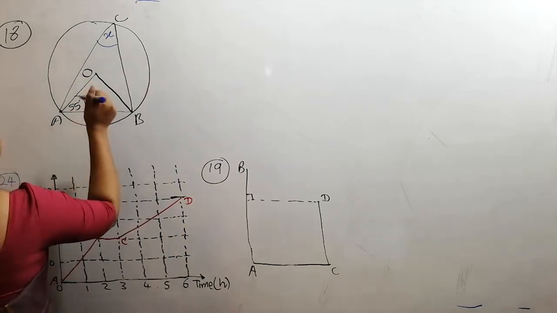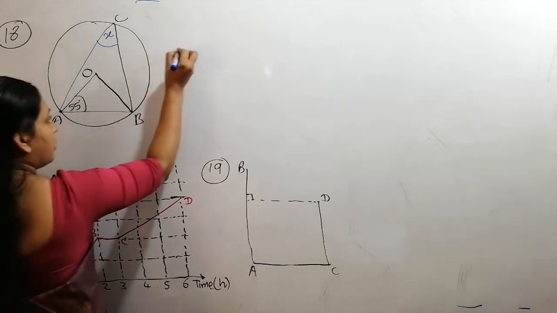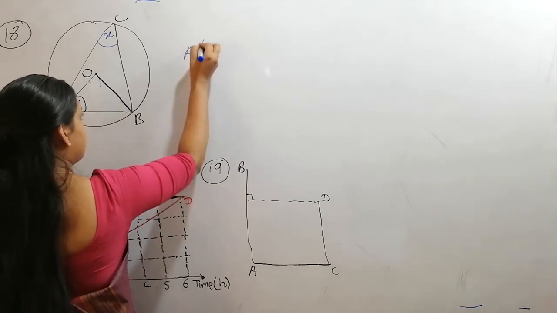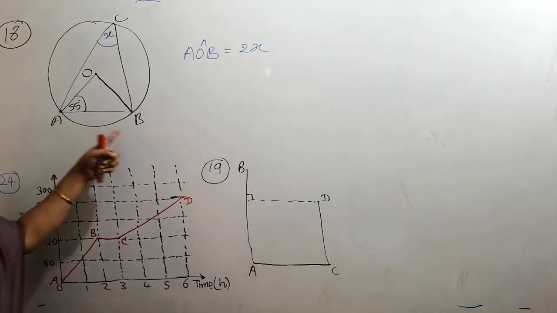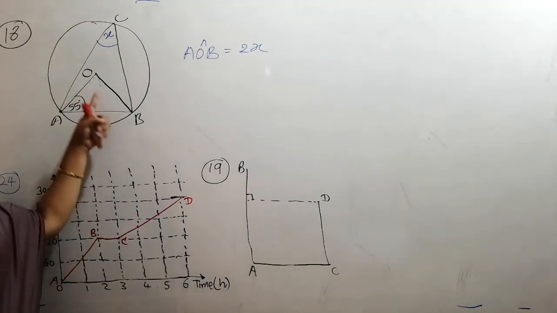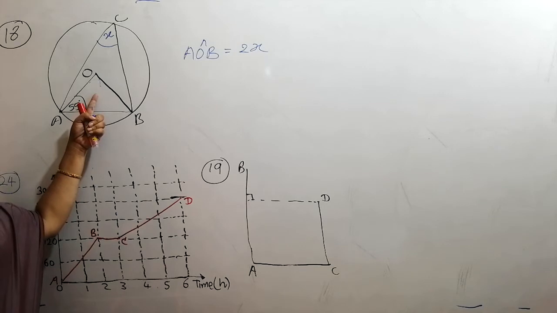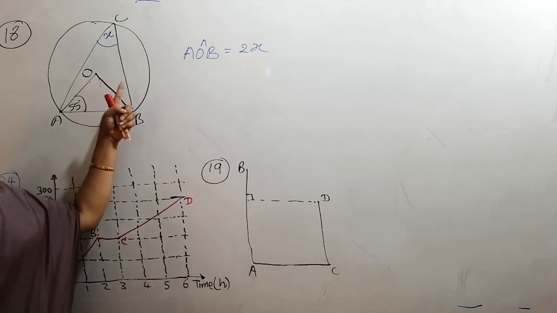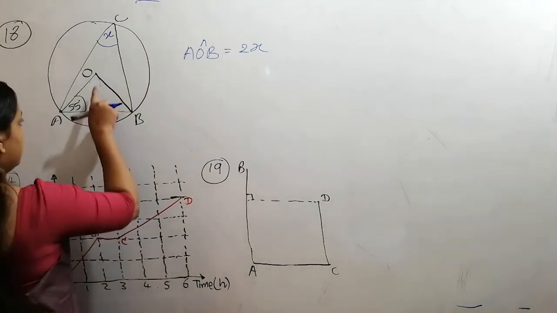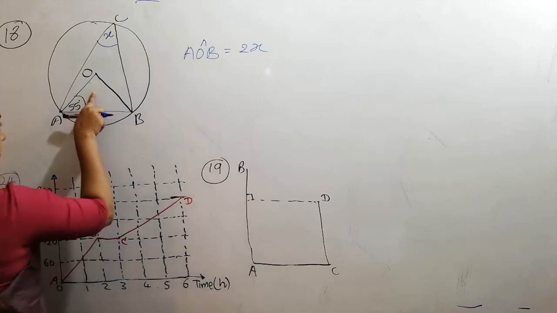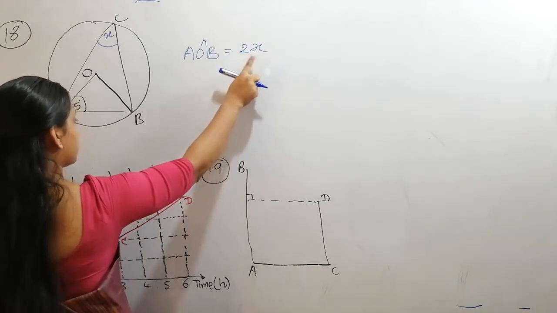Or we can write the AOB angle is equal to 2x. That's the theorem. Then, if we know the value of this angle, we can find x.